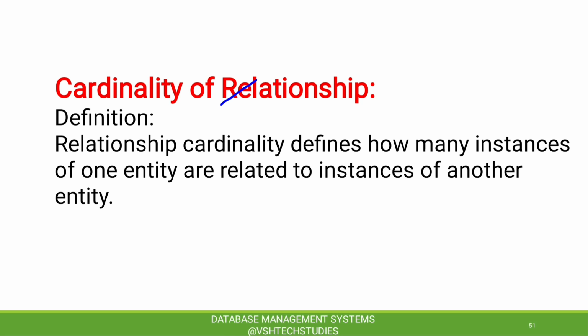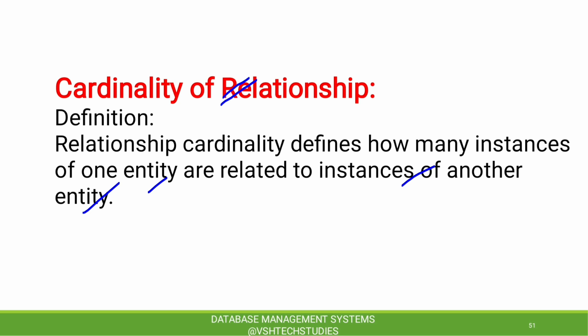Now we have to know cardinality of relationship. The definition is: the relationship cardinality defines how many instances of one entity type are related to instances of another entity. Meaning in a relationship, the number of entities of one entity type that are participating becomes the cardinality of that entity in the relationship.